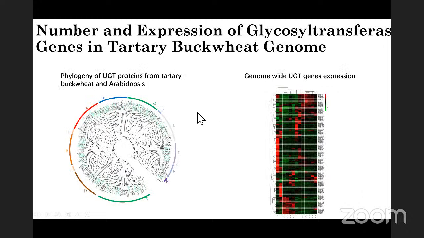So next, we analyze the tartar buckwheat genome and use the genome sequence. With the help of the genome sequence, we annotate the UGT glucosyltransferase members. A total of 106 UGT genes were found in the tartar buckwheat genome.